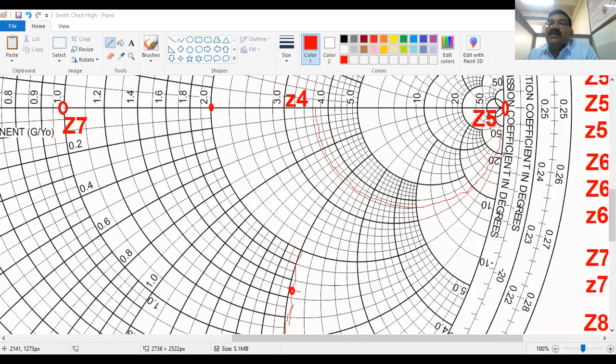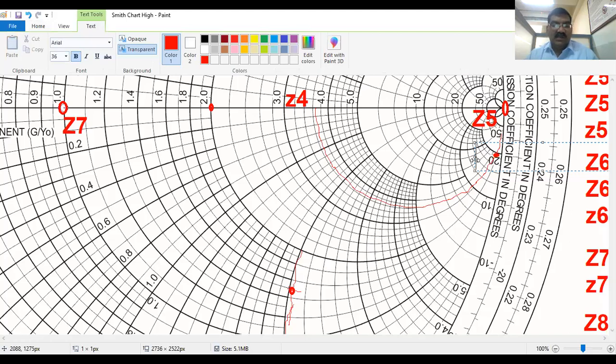Where it intersects, I'll draw a point here. This point is nothing but my small z8.